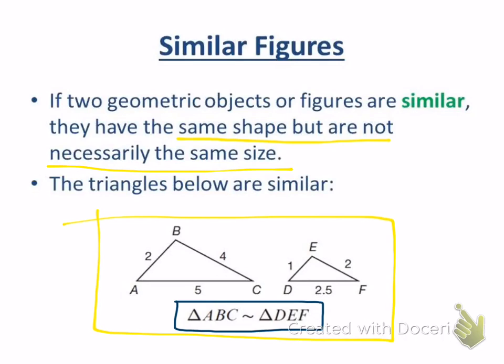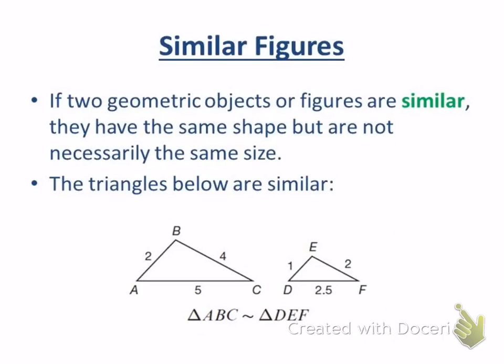It's not a congruency symbol. In geometry, there's a couple symbols that you'll use. You'll use equal. Equal means the measures are the same, right? Similar means that the shapes are the same, size isn't the same.